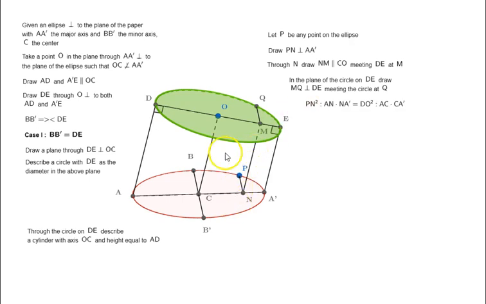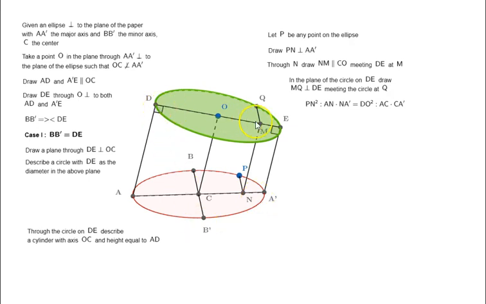PN square is to AN times NA prime as BC square is to AC times CA prime. How did we get this? Because remember, PN square is to AN times NA prime equal to BC square is to AC times CA prime.